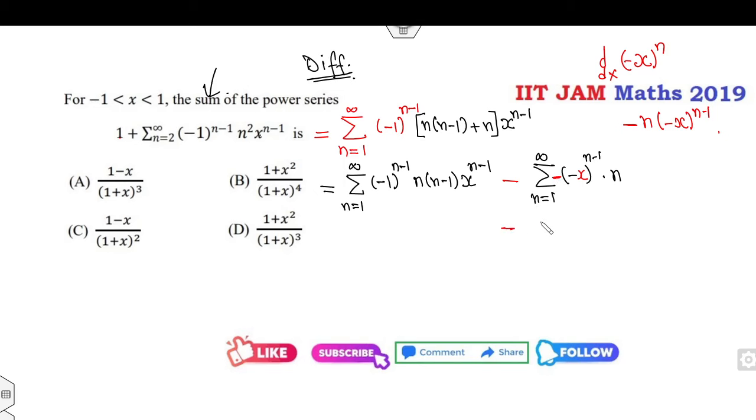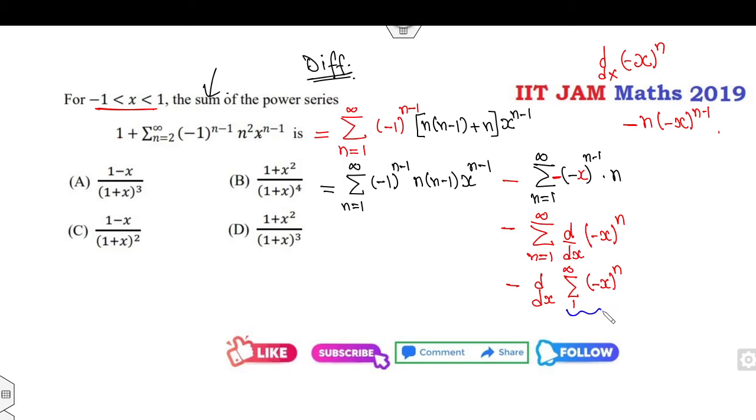So this expression is d by dx of minus x raised to power n. I will solve this expression. Now, since x lies between 0 and 1, this is a convergent series, so I can write the differentiation and summation separately, from 1 to infinity.